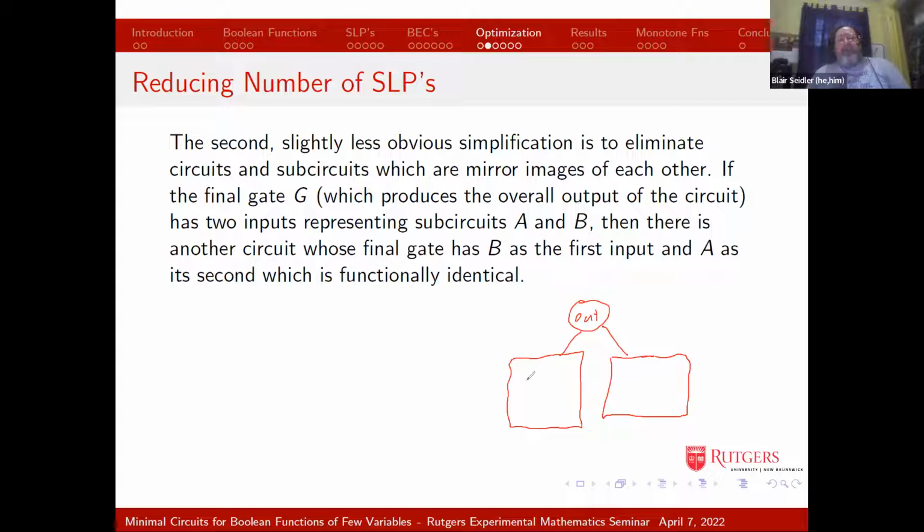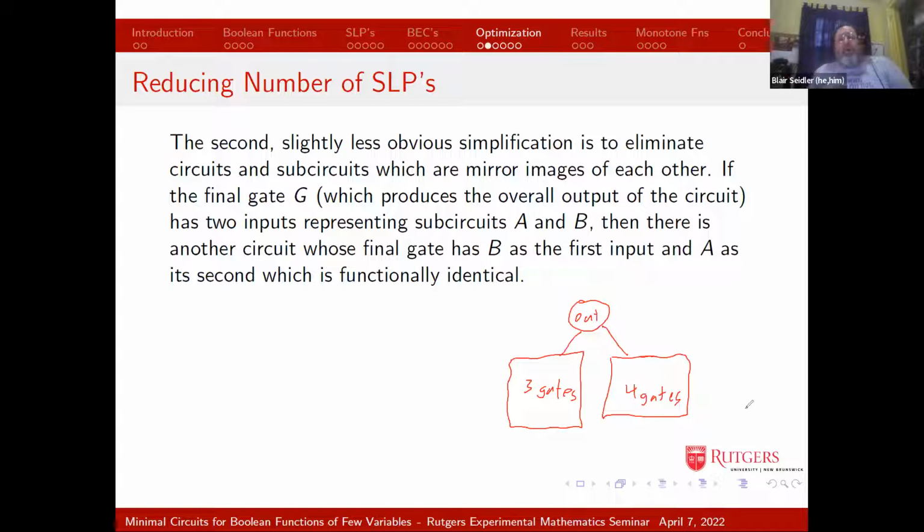So maybe there's 3 gates in here and 4 gates in here, and I don't even know what they do. I hope it's clear that I can write the same circuit, swapping the 2 halves, swapping the 2 subcircuits. And again, this may require a gate type change, but it's not going to have a major effect on the structure of the circuit.